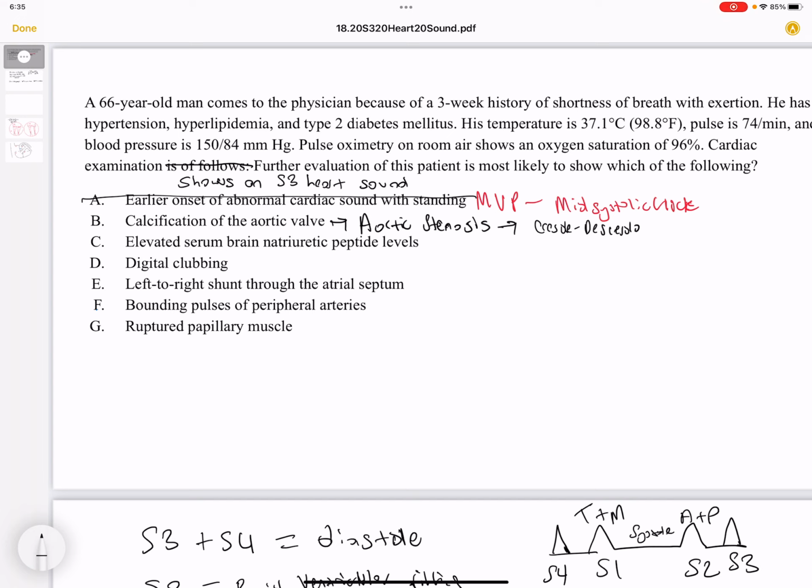So on the waveform, that murmur is going to look like this. It has this diamond shape to it. This is a hallmark shape that happens in the murmur of aortic stenosis.